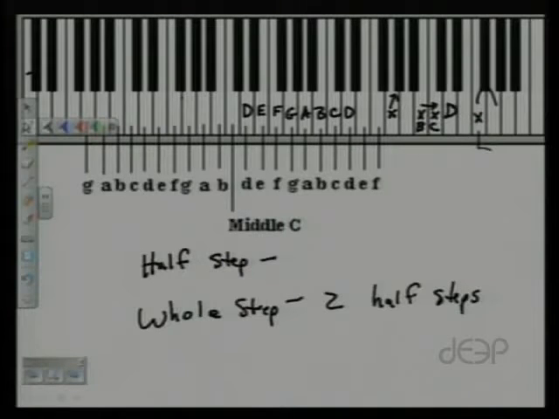So from there to there is a whole step. Okay? 2 half steps equals a whole step. If we were on this E, and we go there, that's 1 half step, and then we go up here, that's another half step. So the distance from here to, it's tough for you to see, here I'll do that one in red, to there is a whole step.